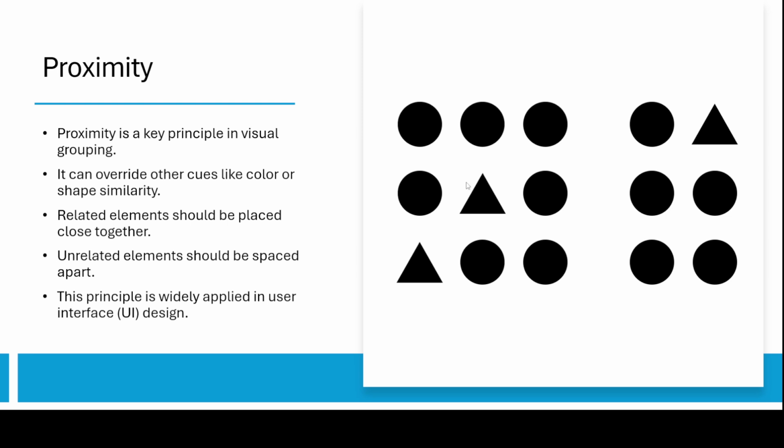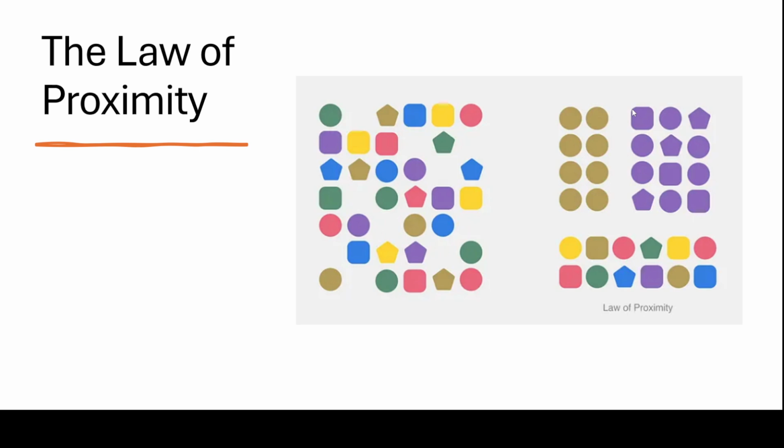So we are going to look into the law of proximity in action. Okay, such as this. You can see that the shapes being arranged closer together are visually much more striking than the shapes that are not related together.